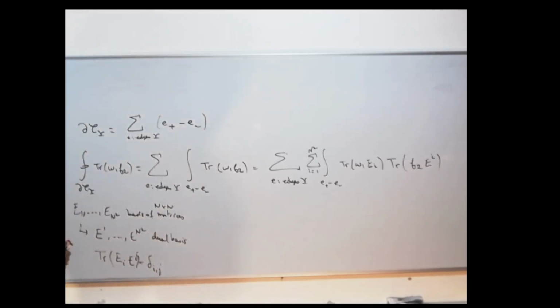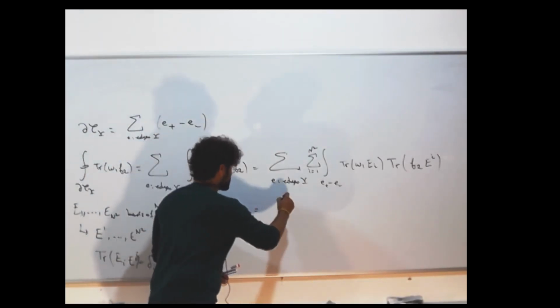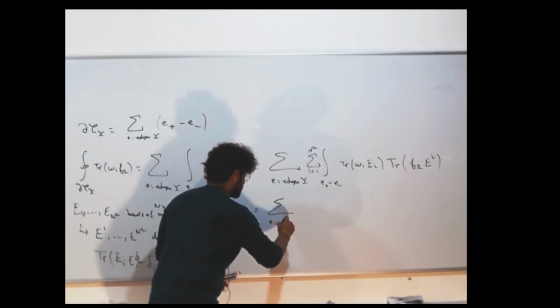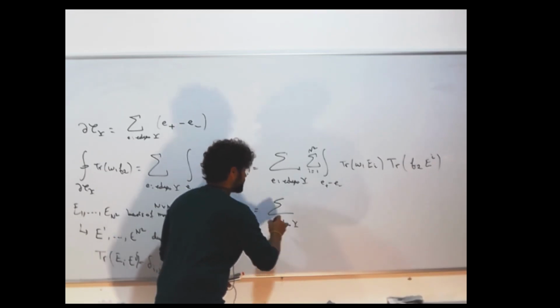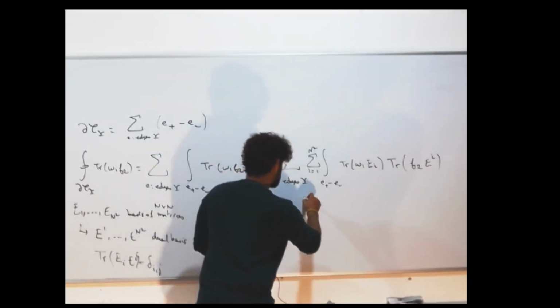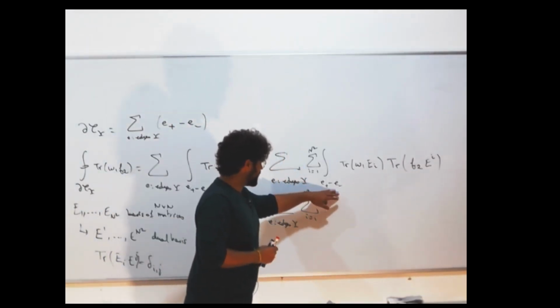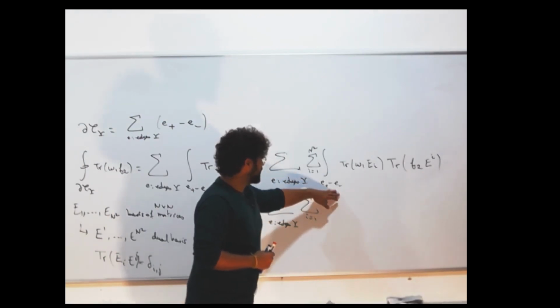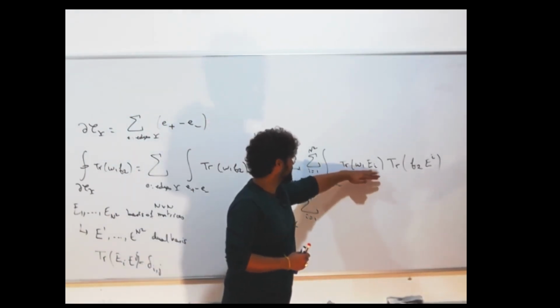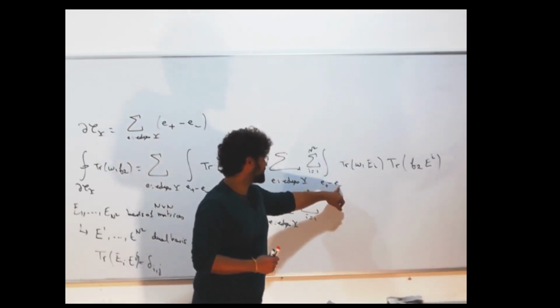Which means that this can be written like that, sum from I equals 1 to n squared, okay? So here, basically, this trace here has the same value on both sides.